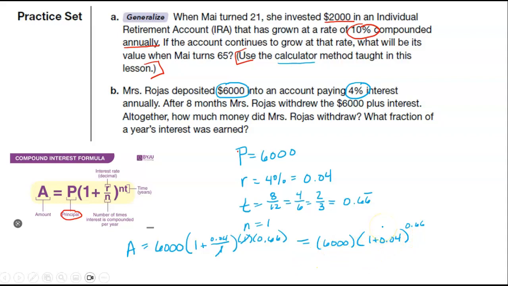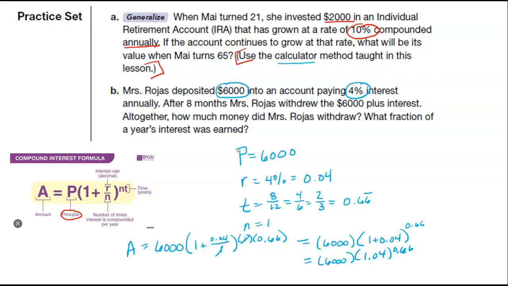Let me do that first. That's 1.04 to the 0.66. Let me see if I can find a calculator online that will show you how I do this. I cannot find that without exiting out of my thing, so I will just do this on my calculator.